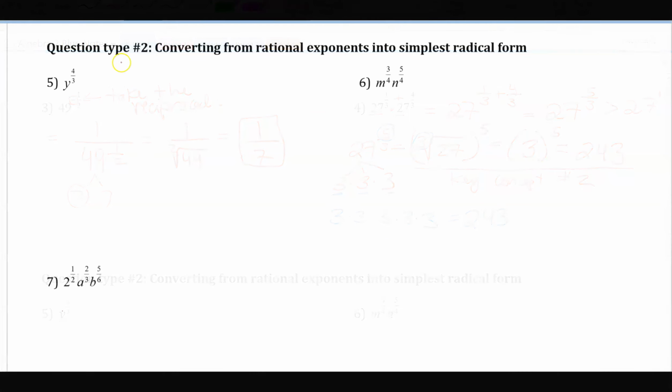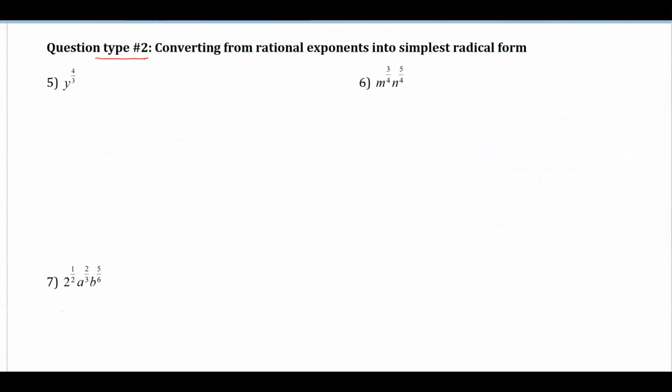So now we come to question type number 2, which is where we're basically converting from rational exponent form into radical form. And then we have to simplify those radicals at the end. So with example 5, we have y raised to the power of 4/3. The denominator of 3 is going to be our index, and the numerator of 4 is going to be the exponent.